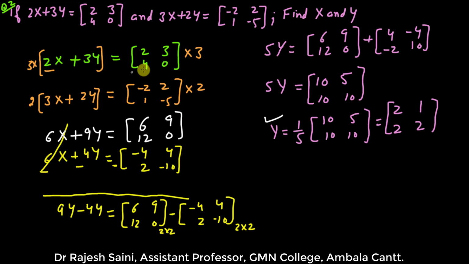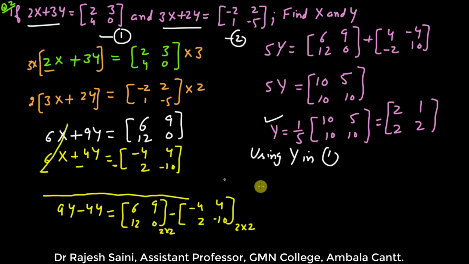Now we will put this value in any of the equations you want and try to calculate X. So I am using it over here, and say this is equation number 1, this is equation number 2. So using Y in equation 1, this will be 2X plus 3 times Y, which is the matrix 2, 1, 2, 2, equal to 2, 3, 4, 0.